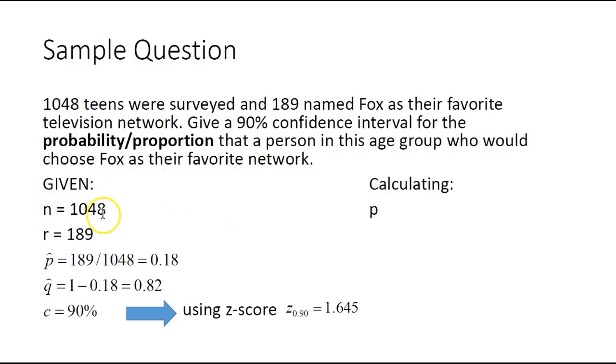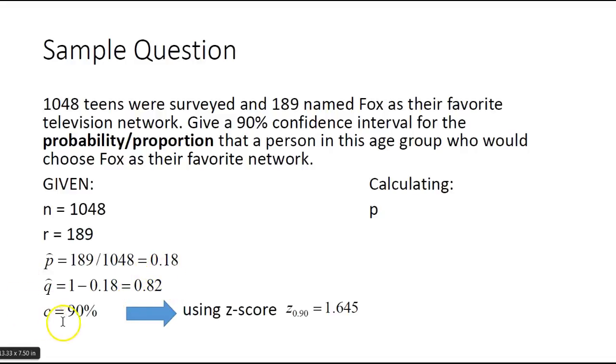So the sample size, or the number of people we asked, was 1,048. The number that answered Fox was 189, so we can get our point estimate, or our sample probability here, of 0.18. And remember that success plus failure equals 1, so we can say that q hat, or probability of failure from the sample, is 0.82.